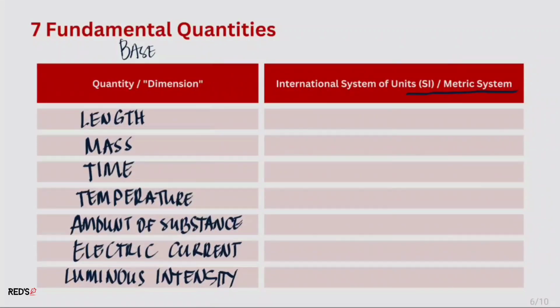So for length in the SI system, we use the unit meter, abbreviated by the letter m in small case. Now for the mass is kilogram, measured in kilograms or kg. And then for the time, we have second, which is of course letter s, small letter.